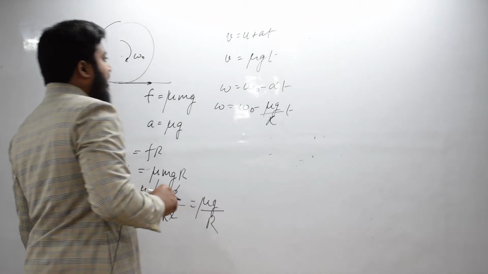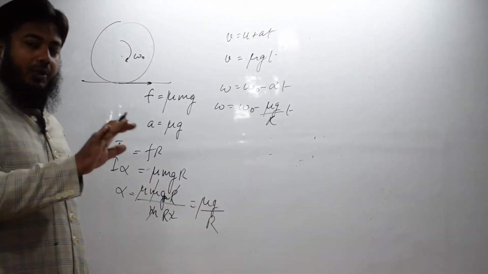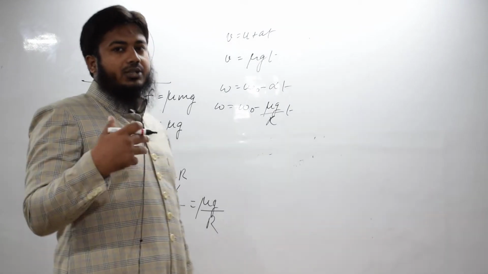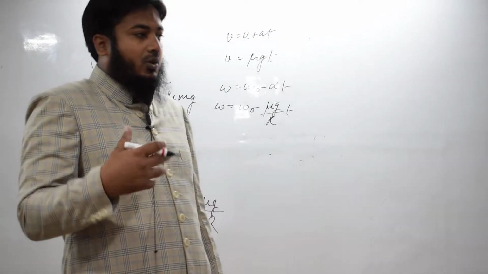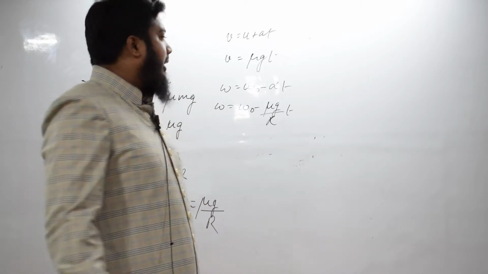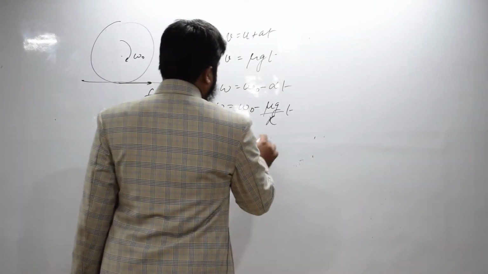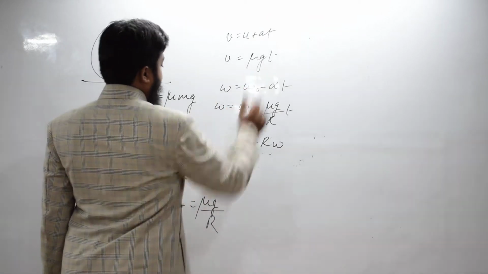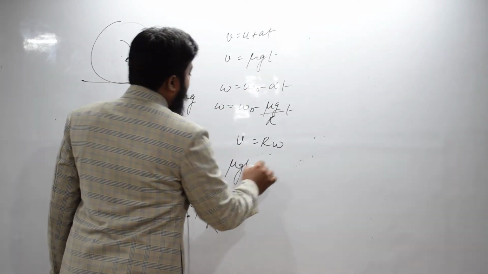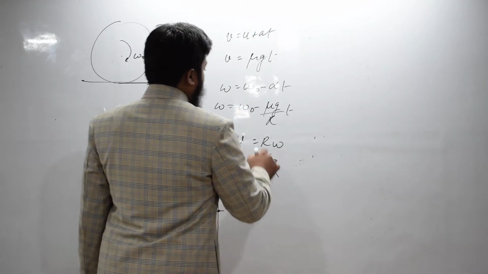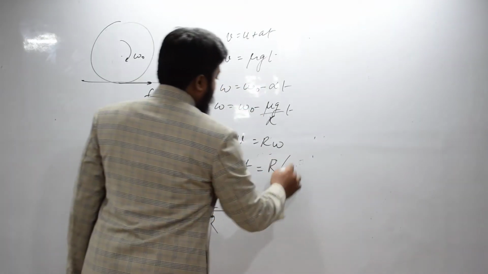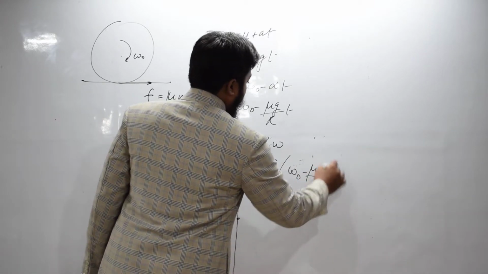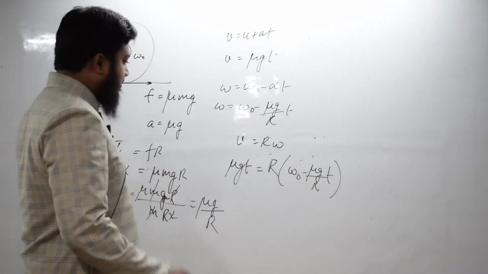Now, for the case of pure rolling, let us say after this time the body starts purely rolling, then for rolling you have the relation v = r omega. Now, v after time t is μg t, this is equal to r times omega after time t, which is omega naught minus μg upon r into t.